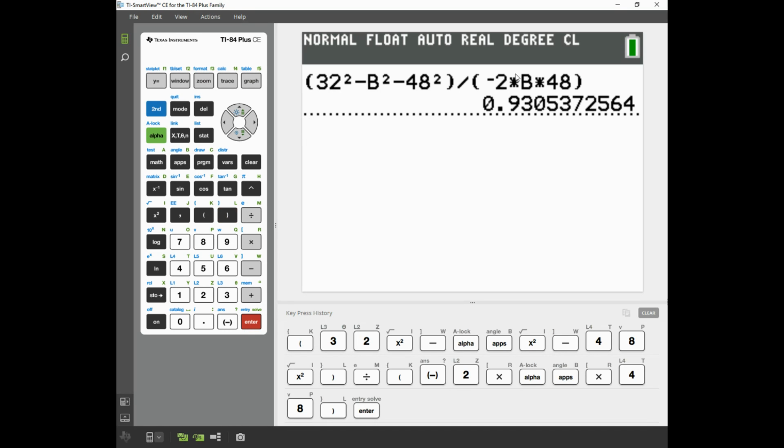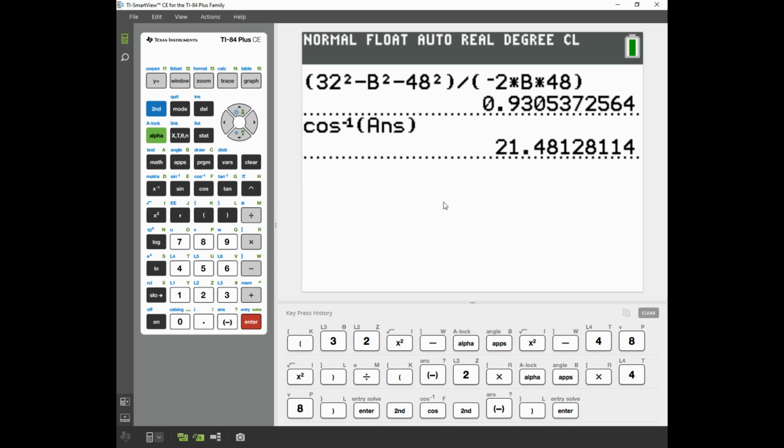That's what I got as my argument inside cosine inverse, and now we just apply cosine inverse, second answer, close parentheses, enter, and that's where we got that angle measure.